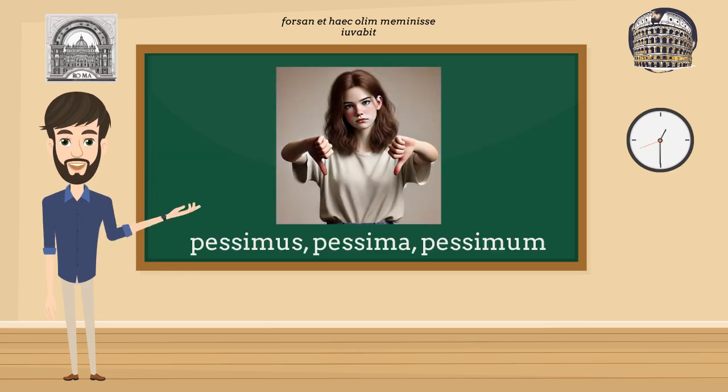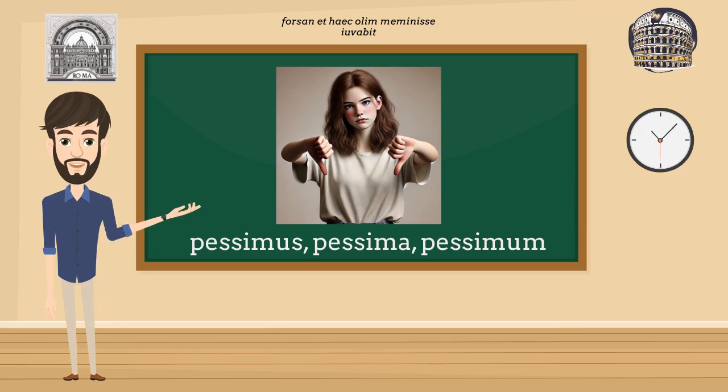Pessimus, pessima, pessimo. The worst, or very bad. Just as pessimists see the world as a largely negative place, we need to be able to talk about things that are really bad in any language.